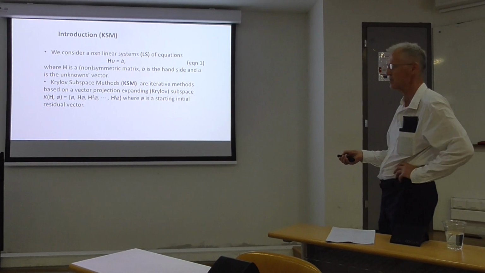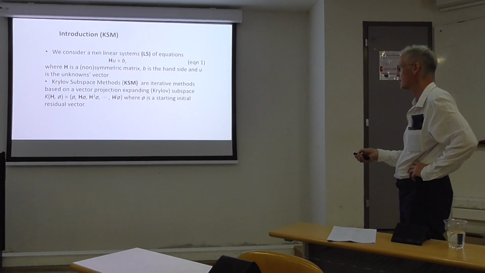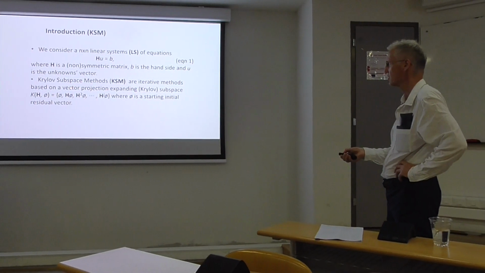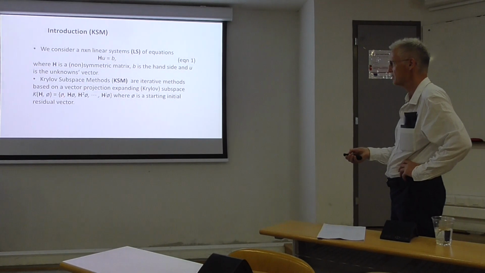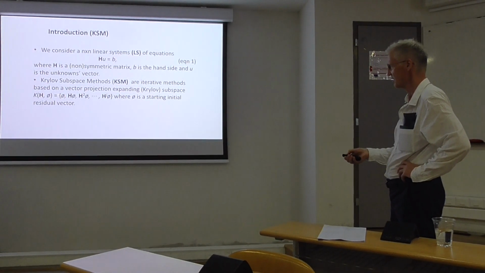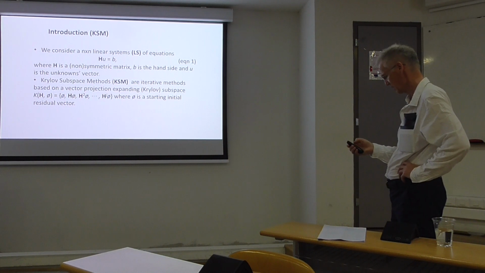A Krylov subspace method is an iterative method based on vector projection expanding a Krylov subspace, which is a starting initial residual vector, the matrix times that vector, and powers of it.